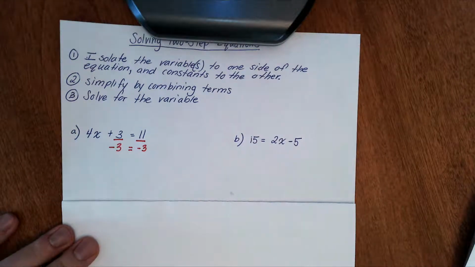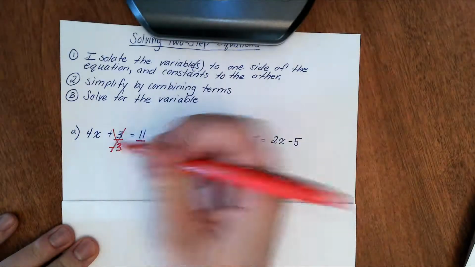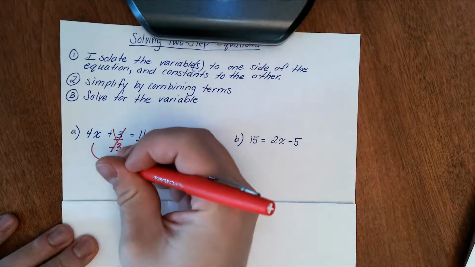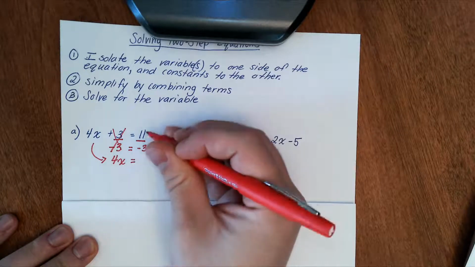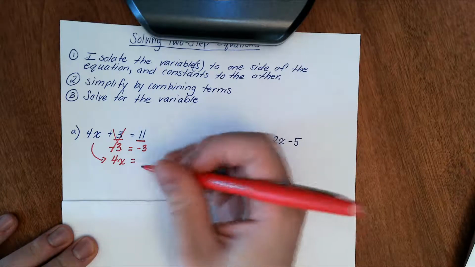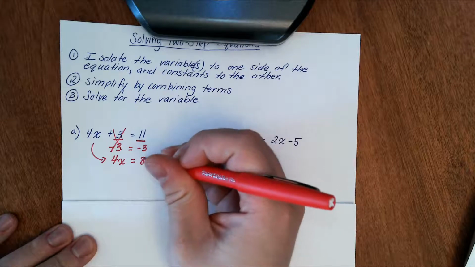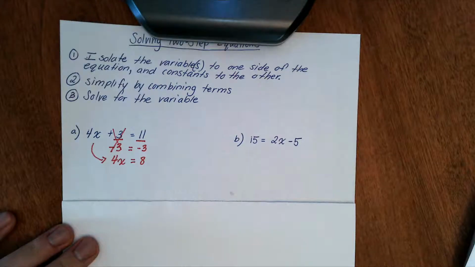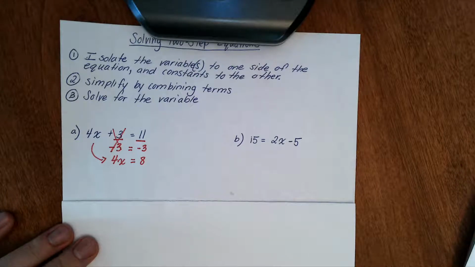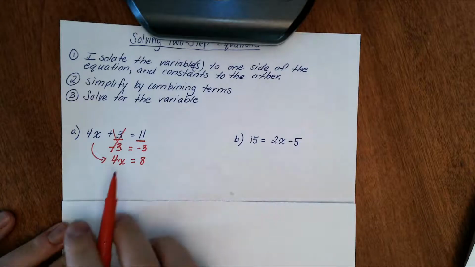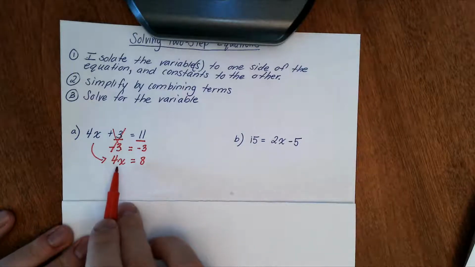If I take away 3, these just cancel, and now I'm left with 4x equals 11 subtract 3, which gives me 8. So 4 times a number equals 8. You already know what that number is, but to get x by itself, I have to perform the opposite function.